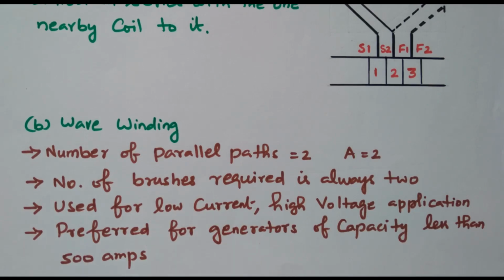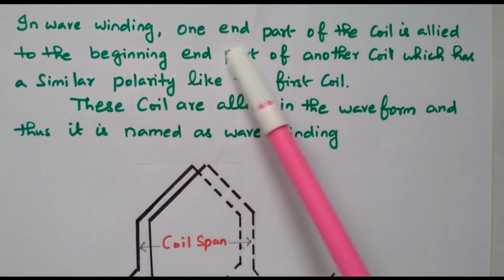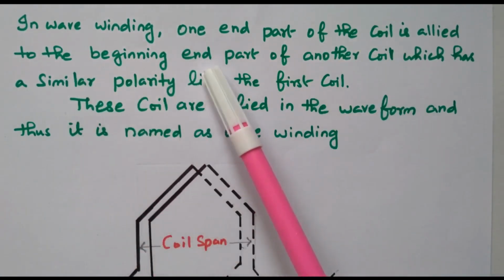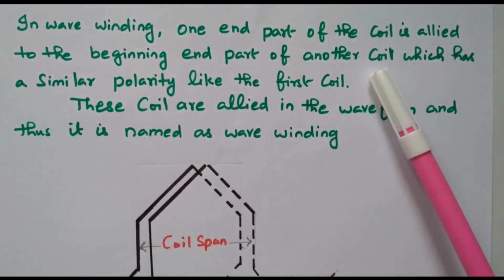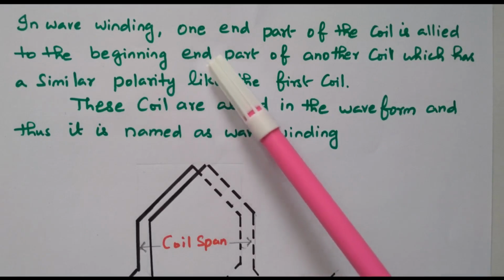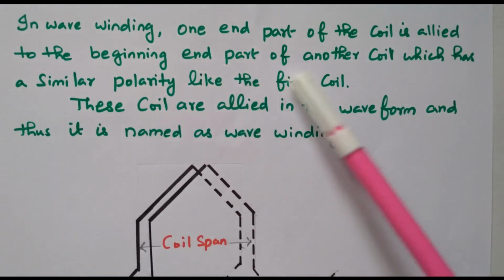Now we will see the connection. In wave winding, one end part of a coil is connected to the beginning part of another coil. In the previous method, each and every coil had its own starting and ending. But here, the end of one coil is the beginning of another coil.